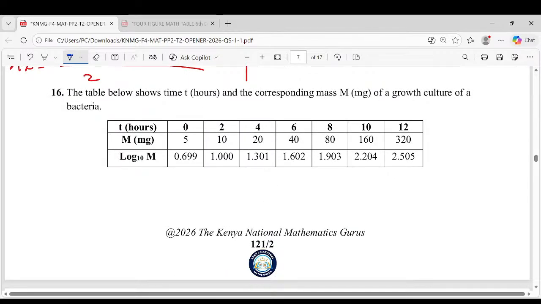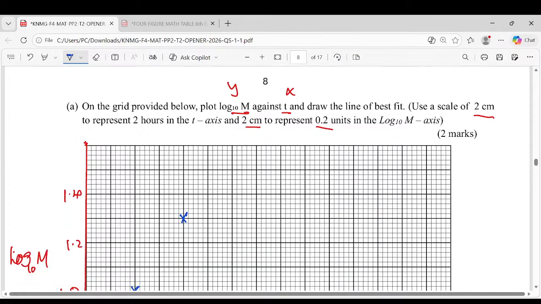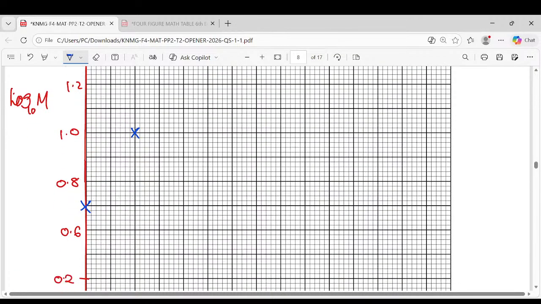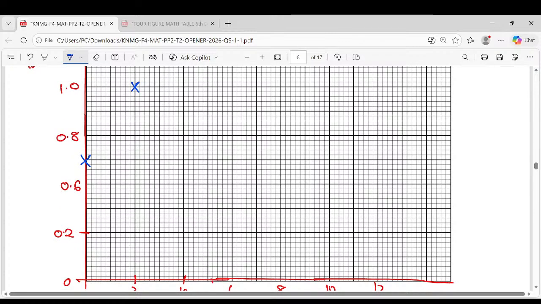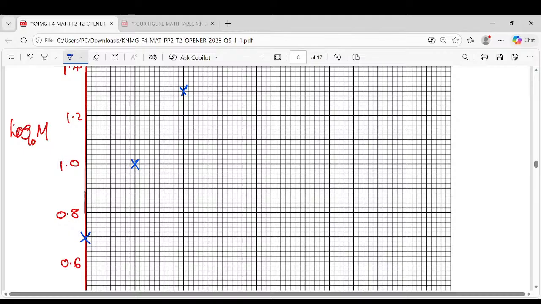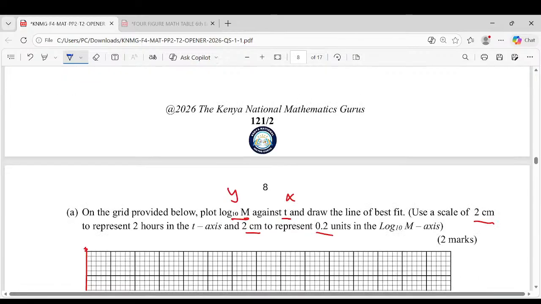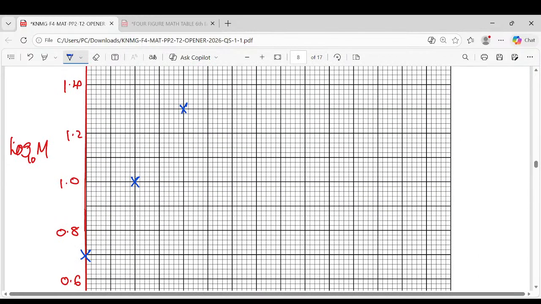Oh my gosh, this goes all the way to 2.5. What could have been the best scale I could have used here now? It was beginning from 0.6. Okay, I can see the blunder I made, but I can rectify that.